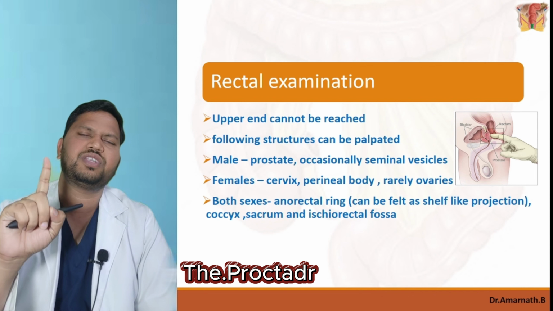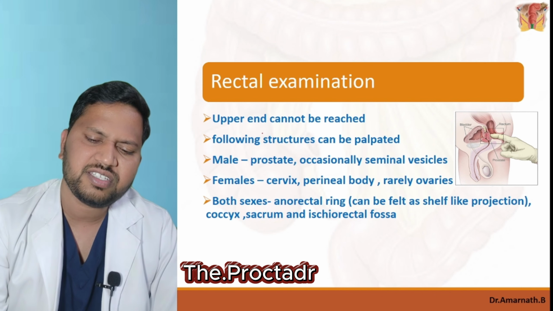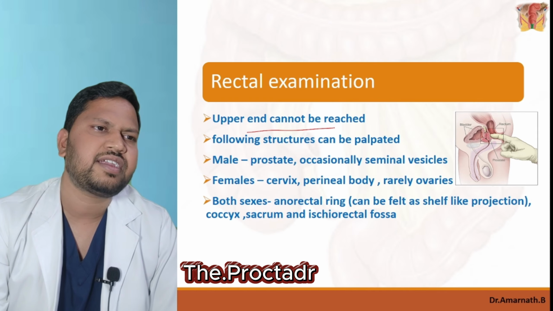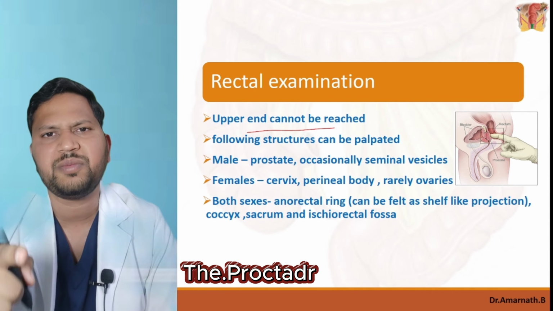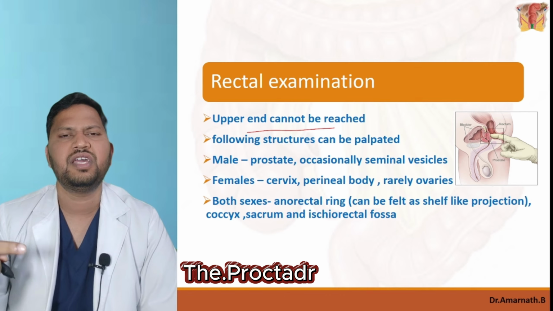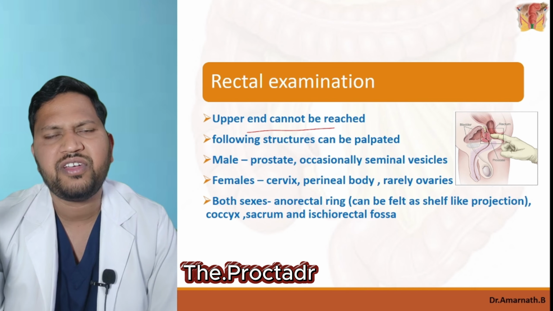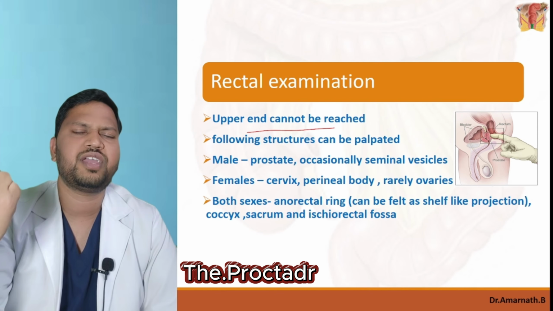In this examination, we can't reach up to the upper end of the rectum. Why? Because the rectum is around 12 centimeters in length, and the anal canal is around 4.5 centimeters, so in total around 16 or 17 centimeters. Up to that we cannot reach.